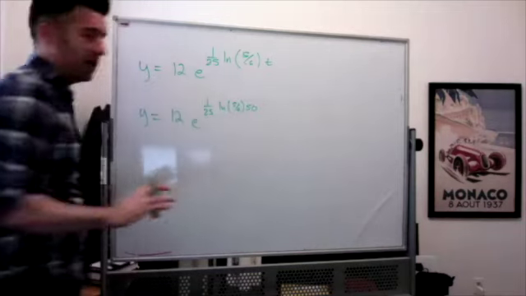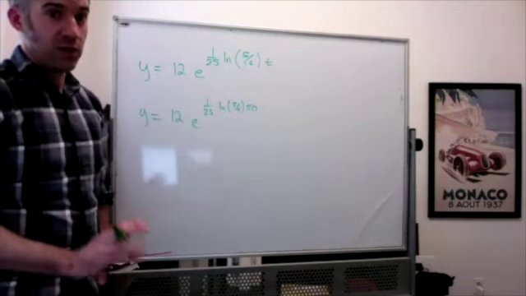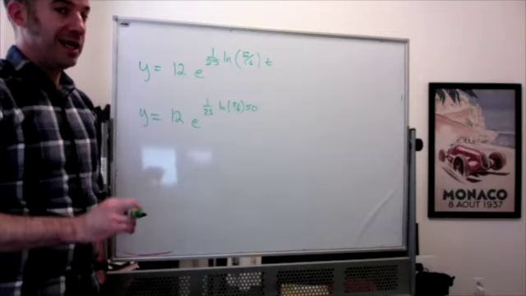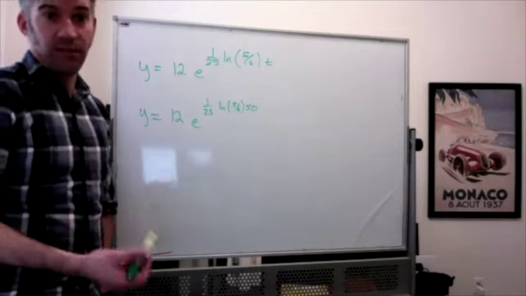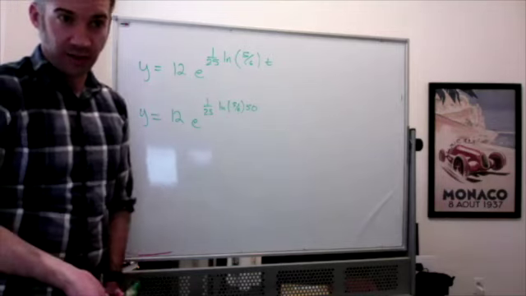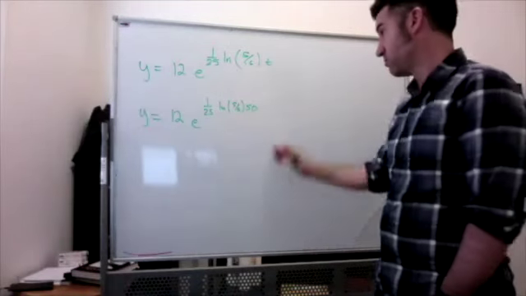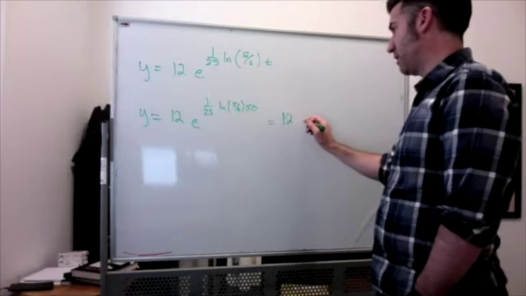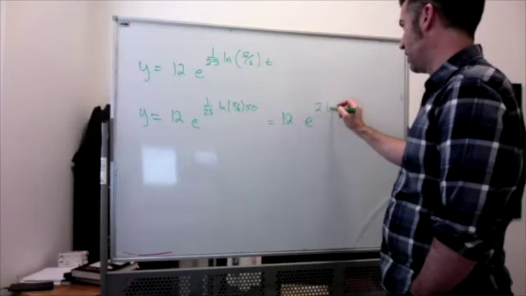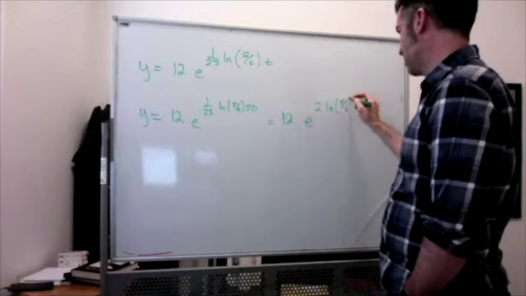And here's something interesting that happens when you have a multiple of the number of days that you know it takes to do something. 50 times 1/25th is 2. This is 12 times e to the 2 times the natural log of 5/6.